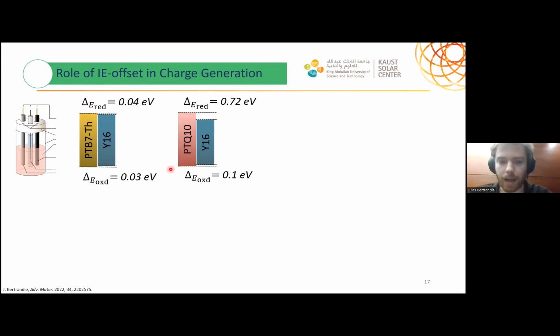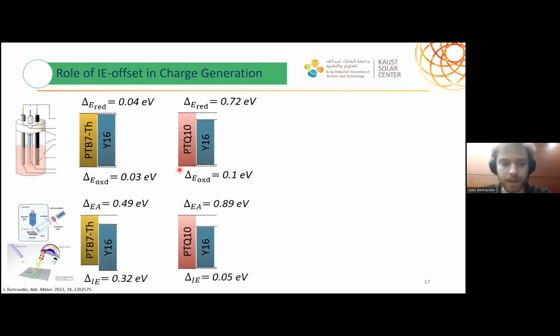Here, same, we don't see any offset for the HOMO. When we measure with the PES, we actually see an offset for the PTB7TH with Y16, but again, we don't see an offset for the PTQ10 Y16.